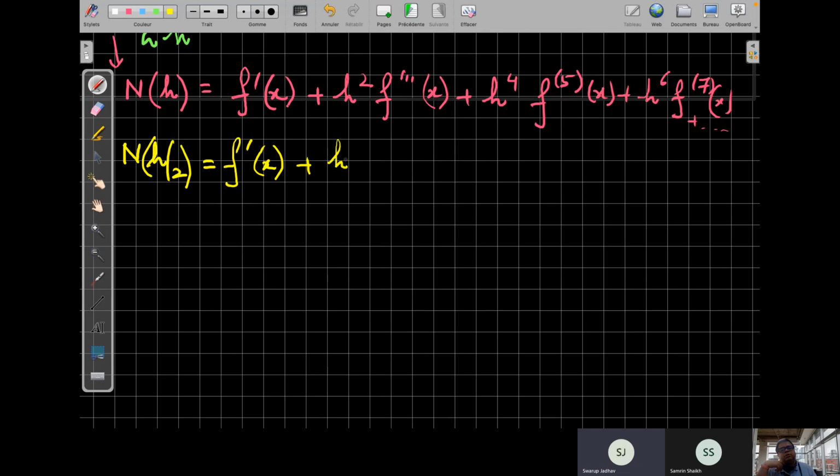What happens here? Sir, it will become h square. Yes, h by 2 as a whole, squared. Third derivative. Plus h by 2 whole bracket raised to 4.